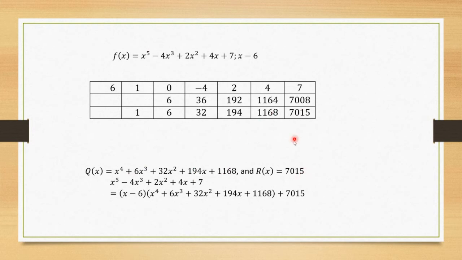This is our remainder. I just wrote this out. This was our original f, and here's our quotient, here's our remainder. Notice, of course, this tells us that x minus 6 is not a factor of this polynomial.